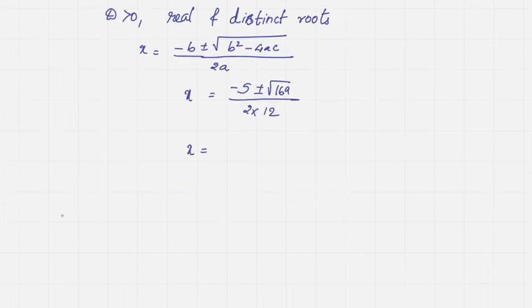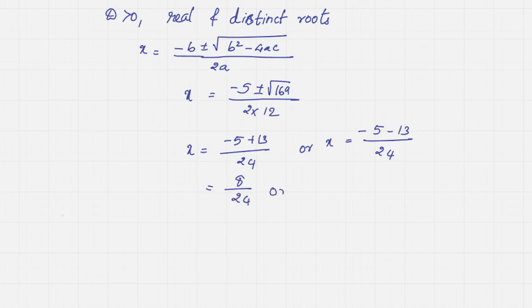x is equal to minus 5 plus 13 divided by 24, or x is equal to minus 5 minus 13 divided by 24. Right. So minus 5 plus 13 is 8 divided by 24, or minus 5 minus 13 is minus 18 divided by 24.